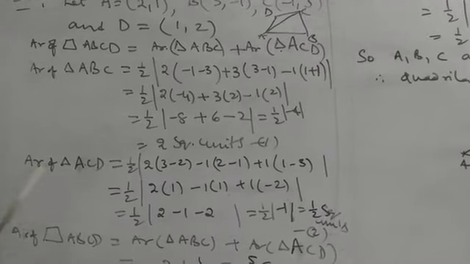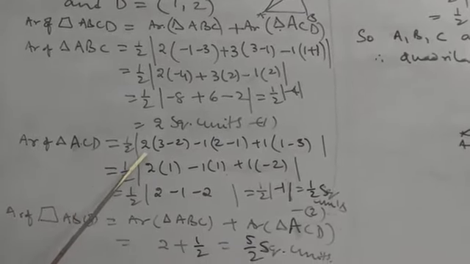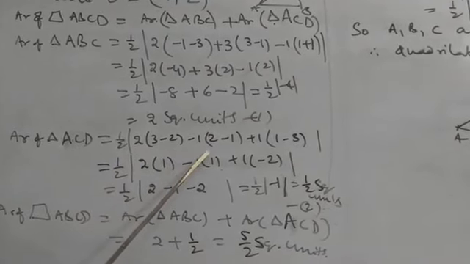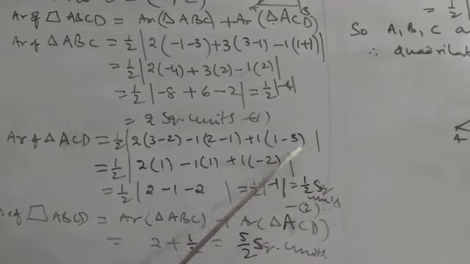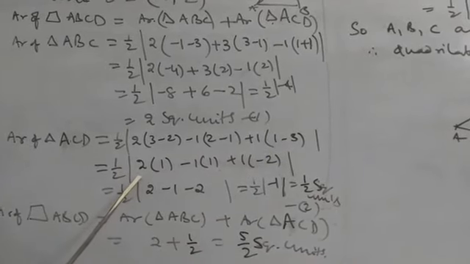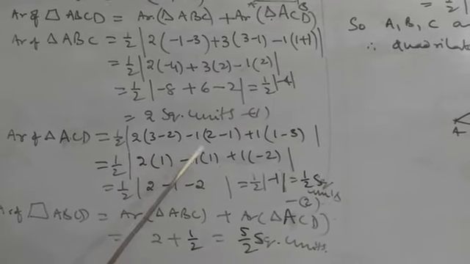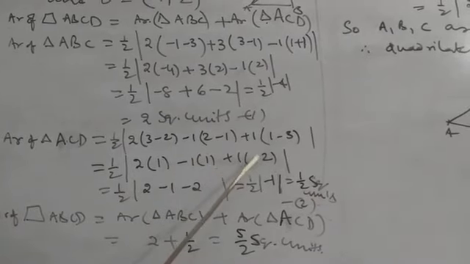Let us observe the area of triangle ACD. In the same manner, half of 2 of (3 - 2) - 1 of (2 - 1) + 1 of (1 - 3). If we simplify, 2 of (1), minus 1 is 1, plus 1 of minus 2.